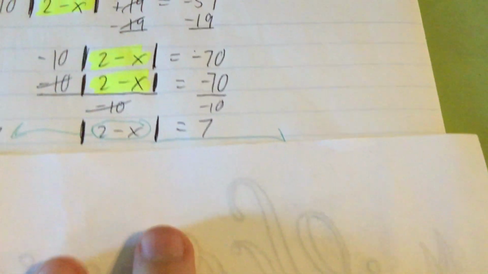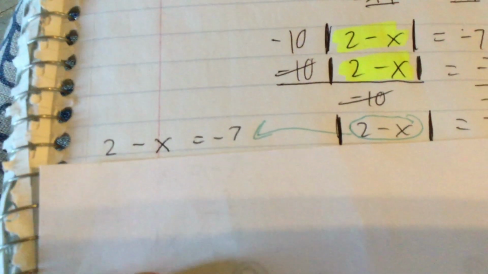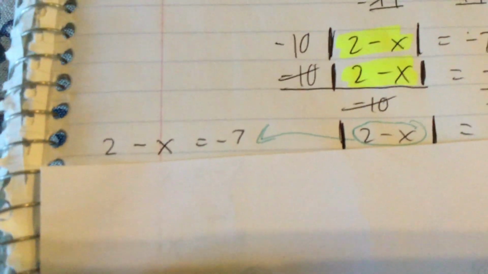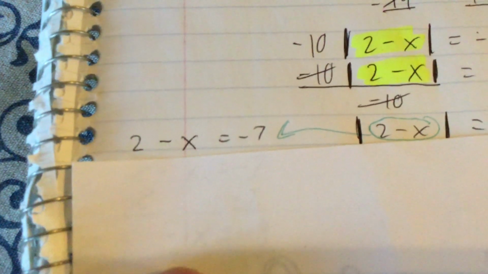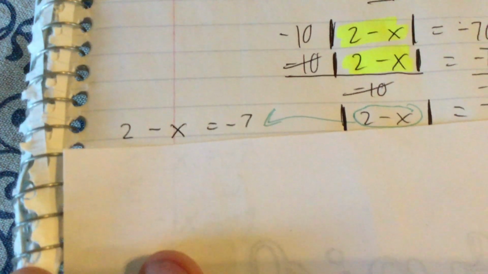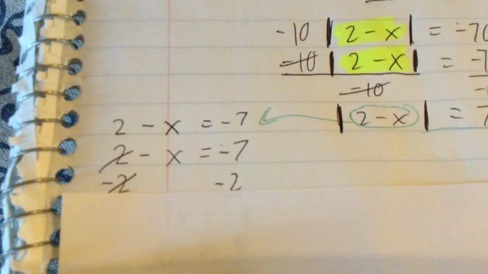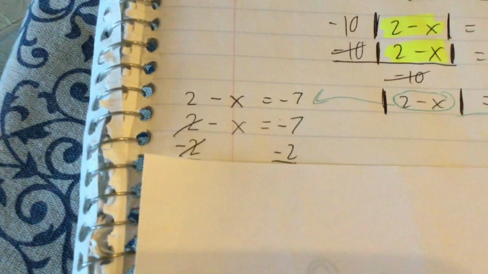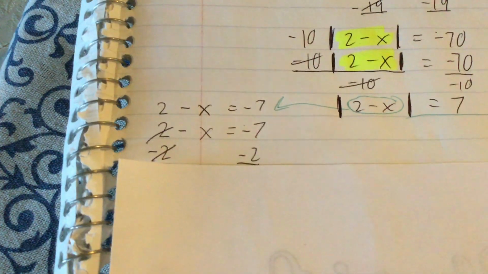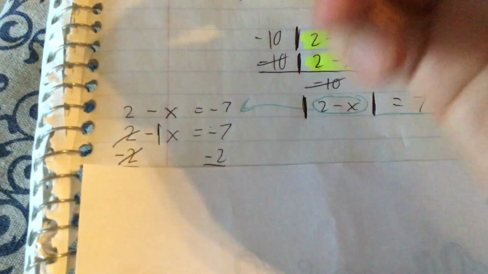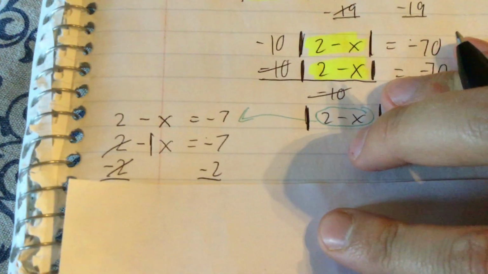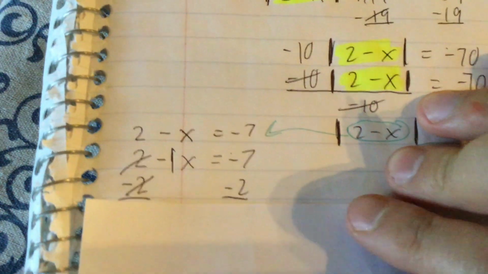But that's not the only solution. Same thing over here. I've got 2 minus x is equal to negative 7. And there's no coefficient in front of the x, so I can automatically put a negative 1. But I'm going to do it the other way. If you wanted to write this problem as negative 1x plus 2, go for it. I'm just showing it both ways, that you can, in fact, subtract 2 from both sides at the start.